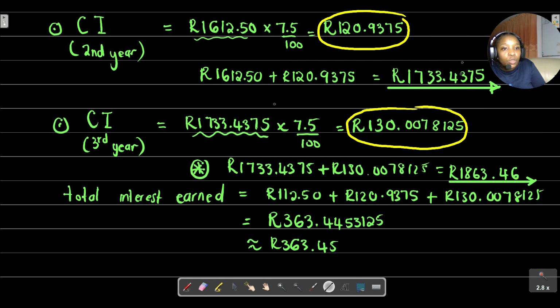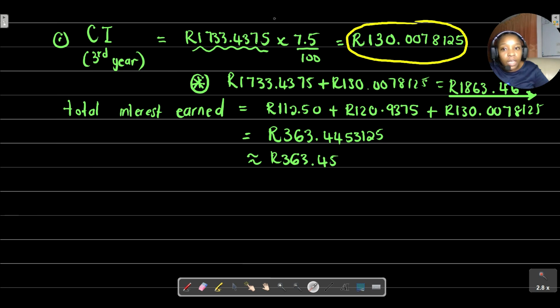Or if you just wanted to also calculate the interest that you'd have at the end of your investment, you could also just take that 1,863.46 and then subtract the initial amount that you invested. Okay, I'm just going to put a huge or. You could look at it this way.